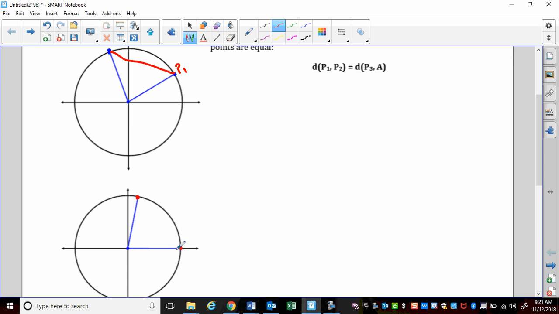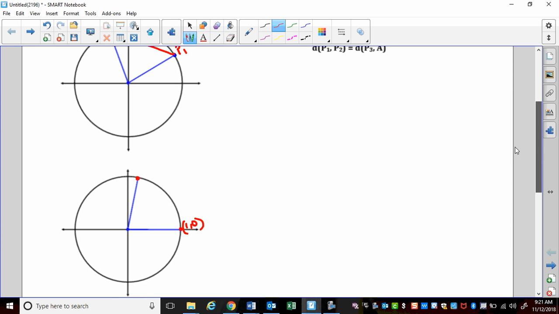And this point right here is at 1, 0. And this maybe is AB. And they actually use a distance formula to prove that if we rotate it, it'll be the same.